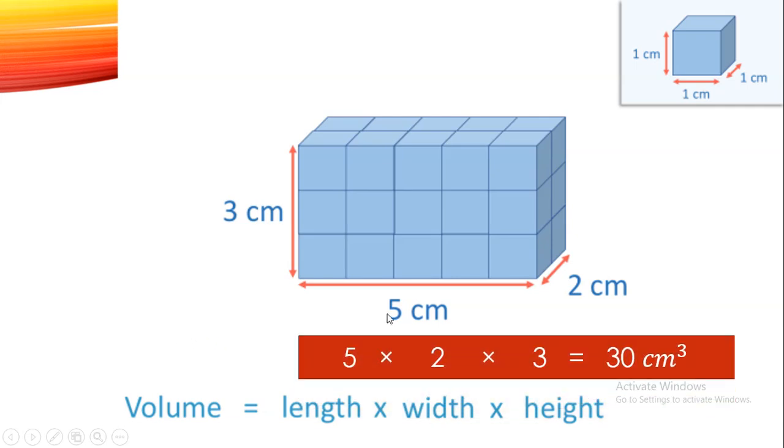So 5 times 2 times 3. 5 times 2, that's 10. Multiplied by 3, that's 30 cubic centimeters. This is the unit. Cubic centimeters. That means this box here can hold 30 cubic centimeters.